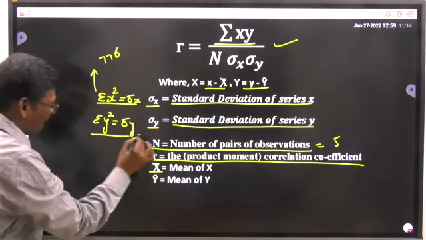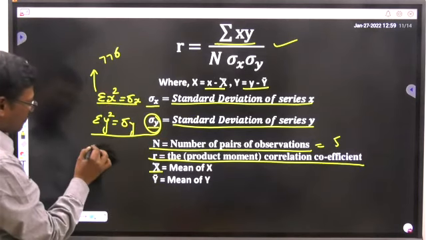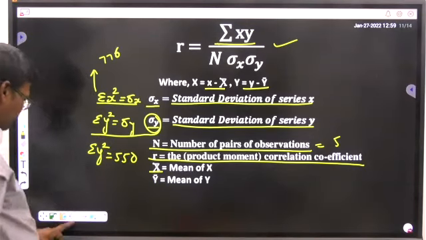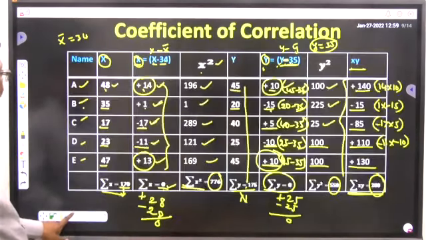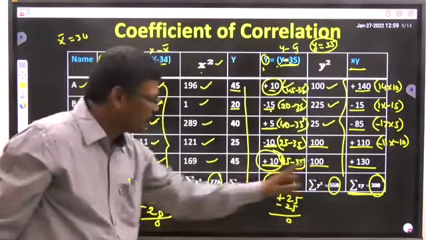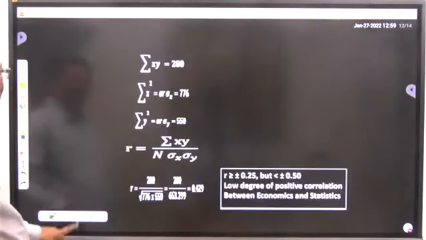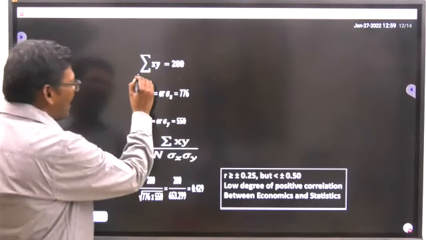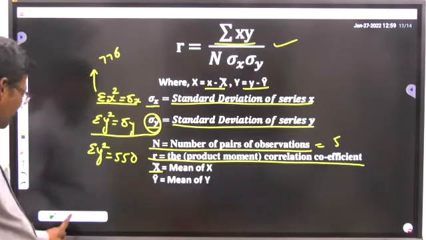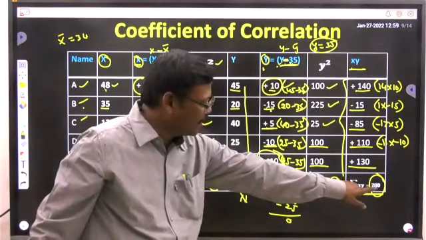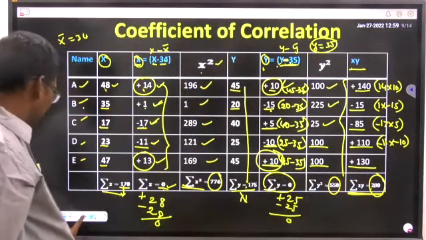And sigma y square was, I think, 550. So now we know all the values. Sigma xy, how much was it? 250 or 280? Please remember, sigma xy is 280.